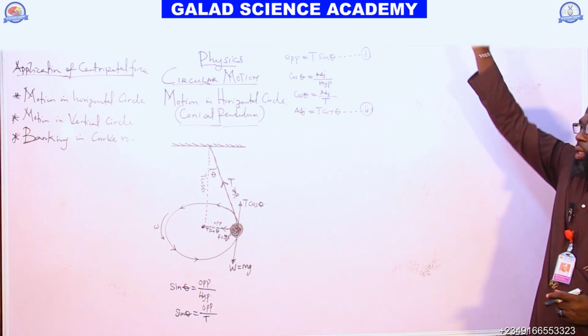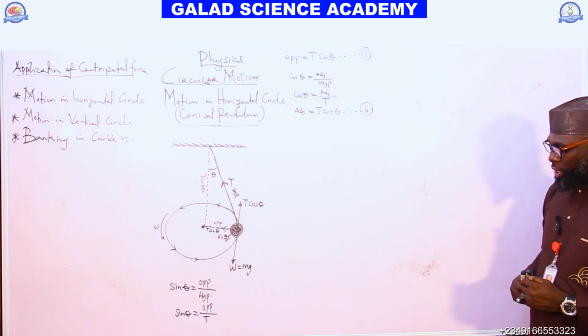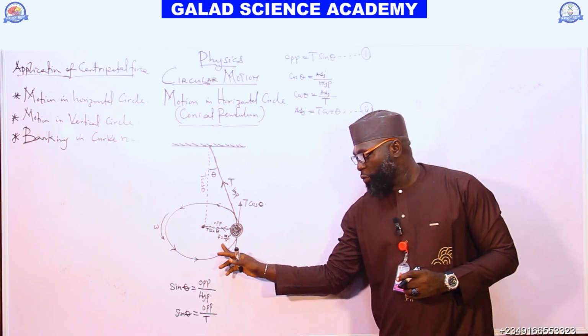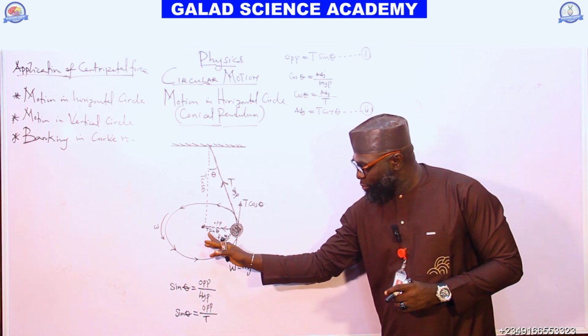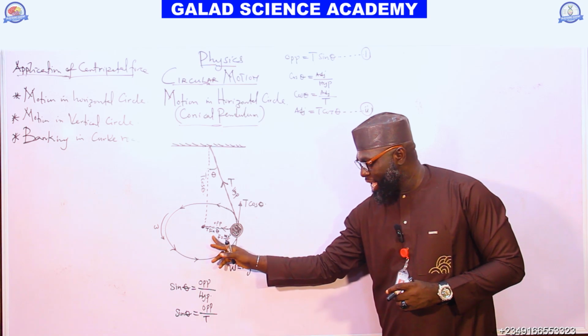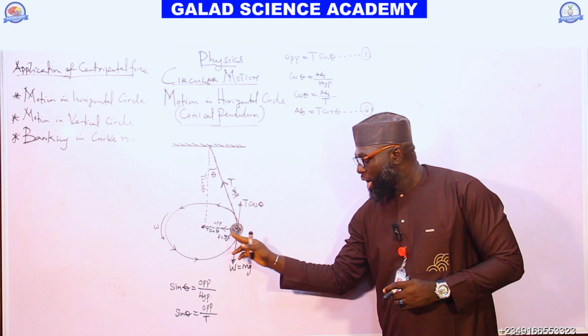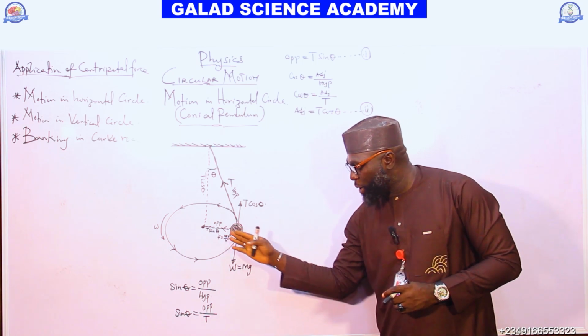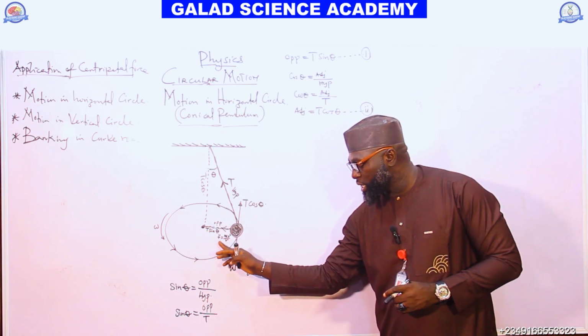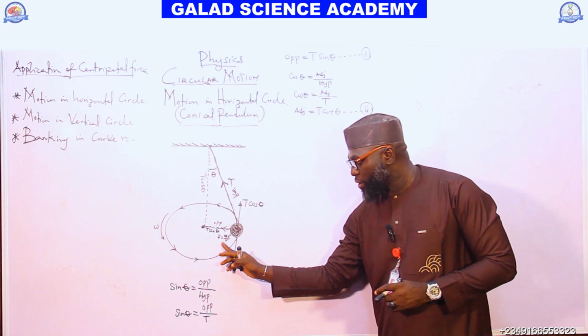So from this center now, we have two things here. T sine theta, which serves as the opposite side of the angle, and the particular force here which keeps the body moving towards the center of a circle is the centripetal force.